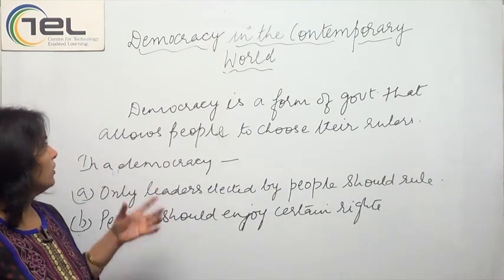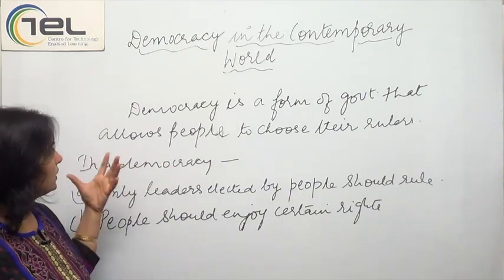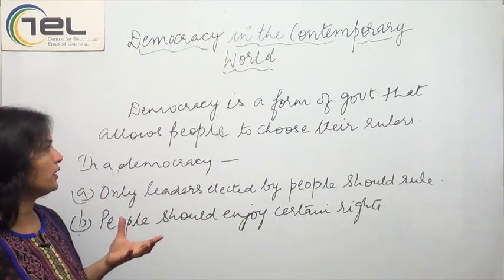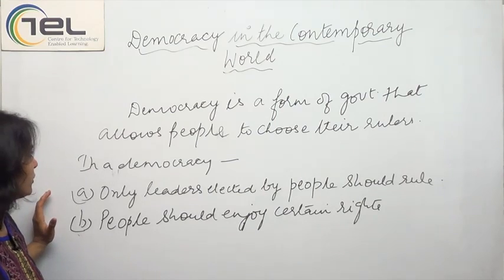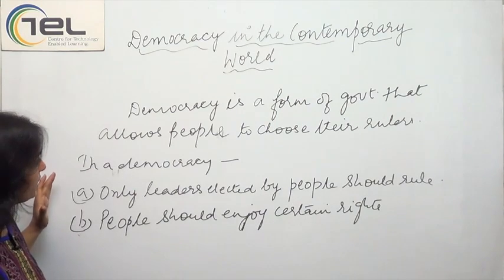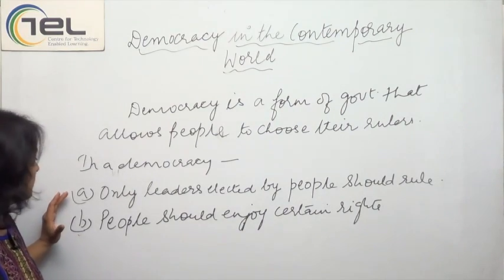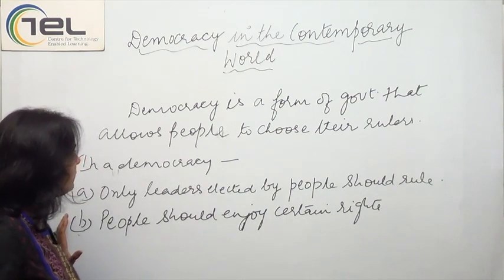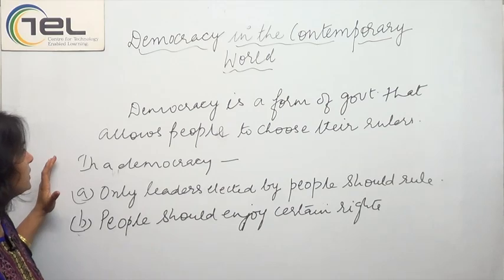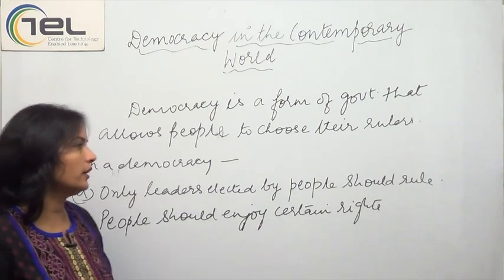So from the two stories we have studied, we have concluded two main features of democracy. First, only leaders elected by the people should rule, and second, people should enjoy certain rights, and that democracy is a form of government that allows people to choose their rulers.